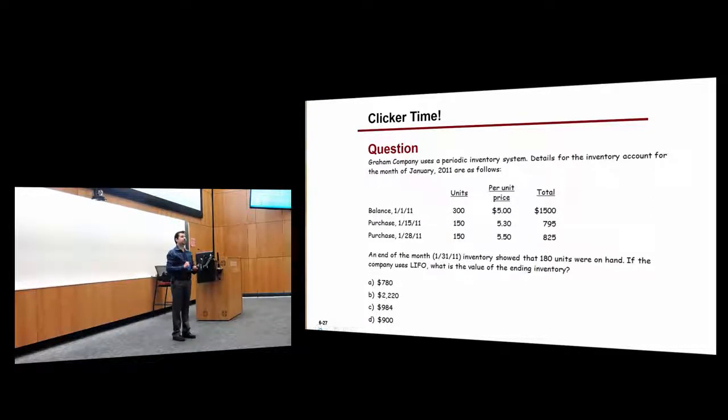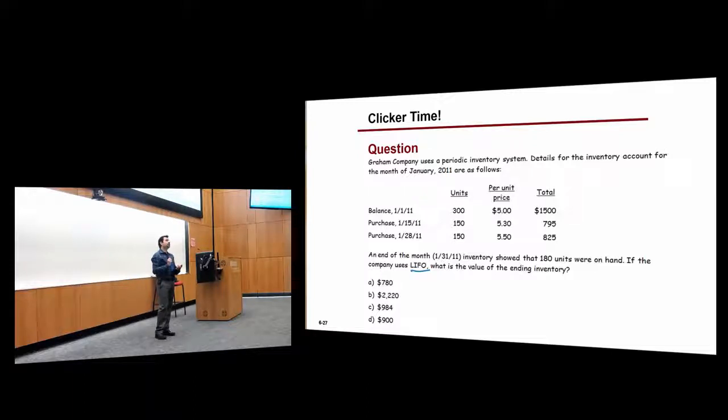Last in, first out, so you basically go for the first one on the list. Exactly. So this is LIFO. LIFO, what does it mean? It means that you are selling the latest purchases first. In other words, the earliest purchases will remain until the end.